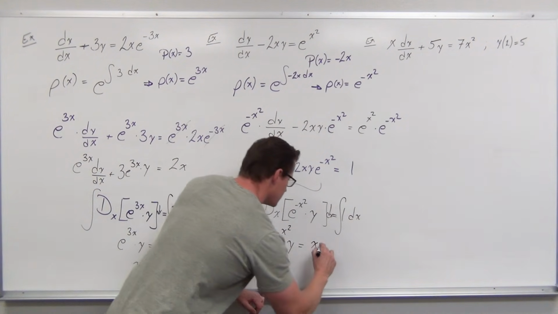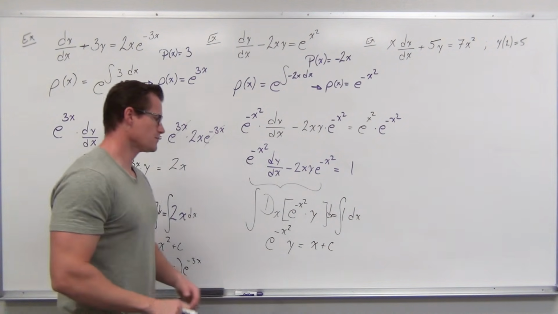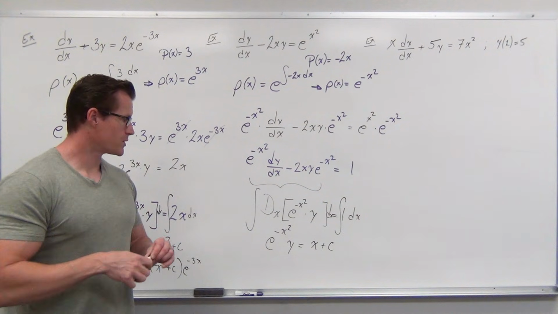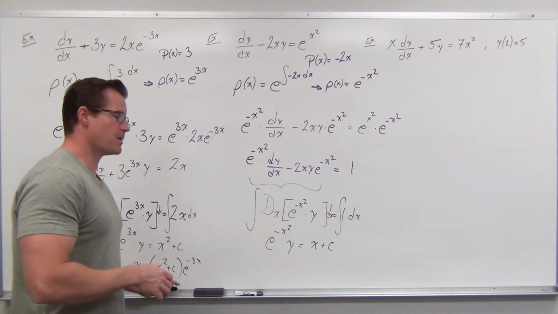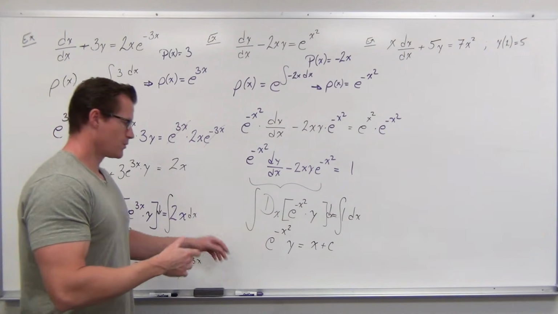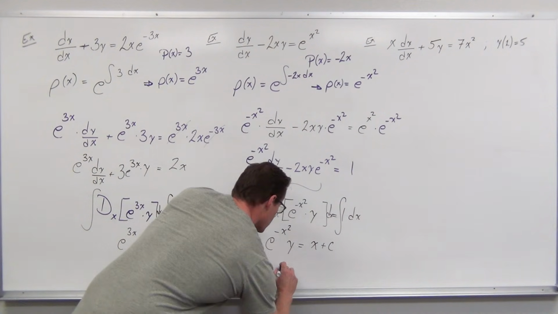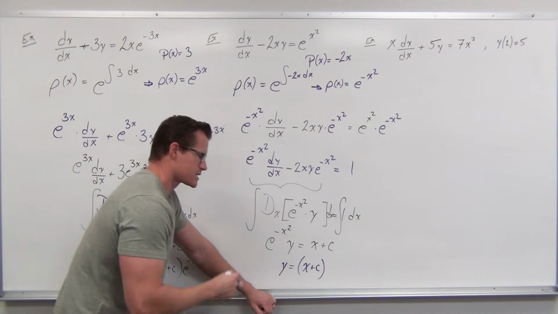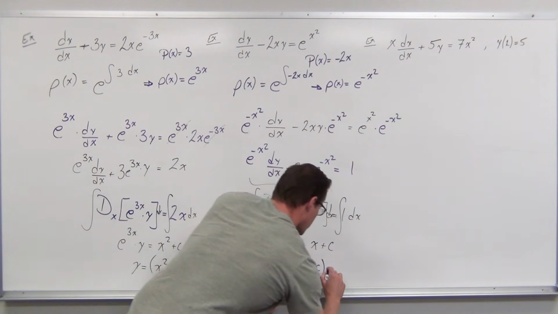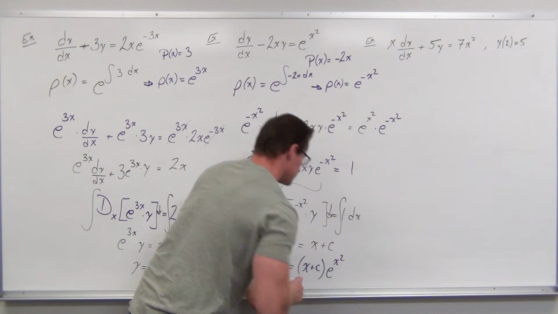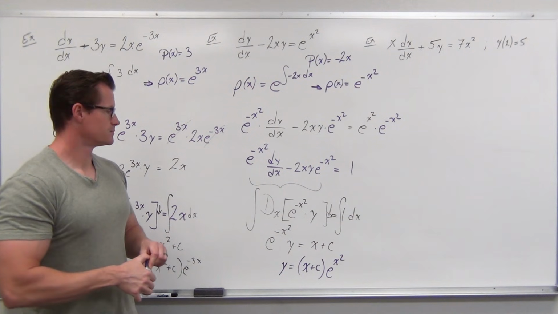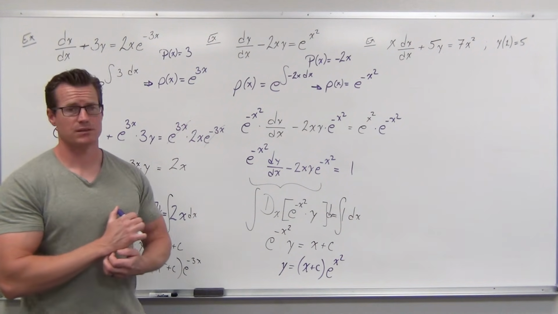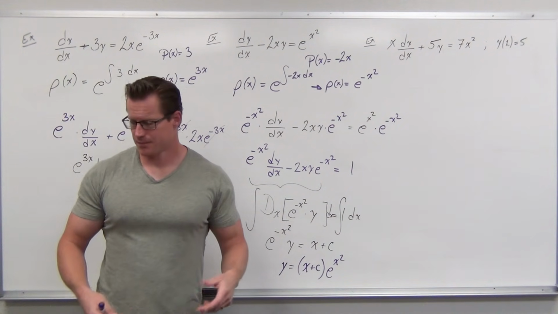Yeah, we need a plus c. And if we multiply both sides by e to the positive x squared, then we're going to get y equals x plus c, and then e to the positive x squared. And we're good. That's the idea behind it.